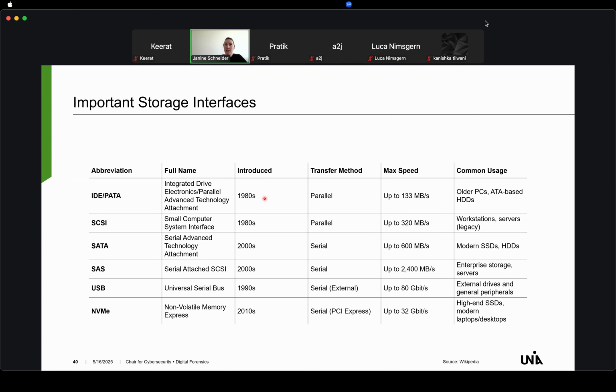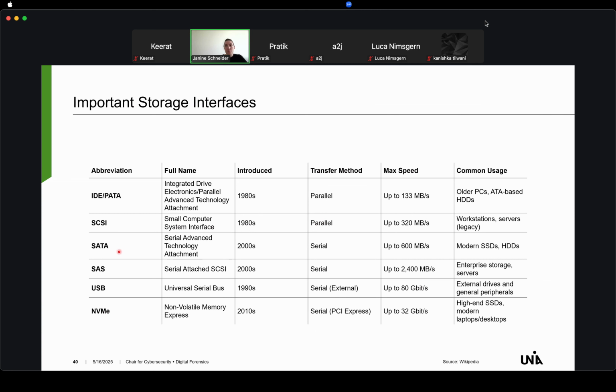It was introduced in the 1980s. It's a parallel transfer method, and as it's pretty old, it was used for older PCs and ATA-based HDDs. Then we have SCSI, Small Computer System Interface, also pretty old, also parallel, also for older workstations and servers.